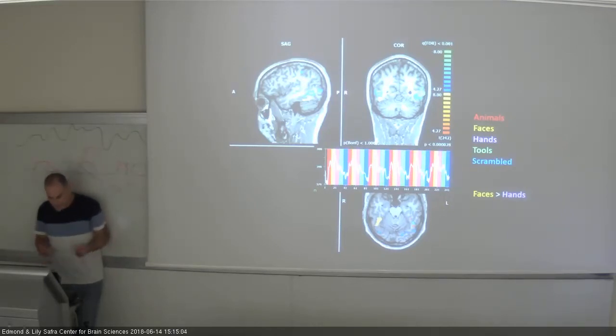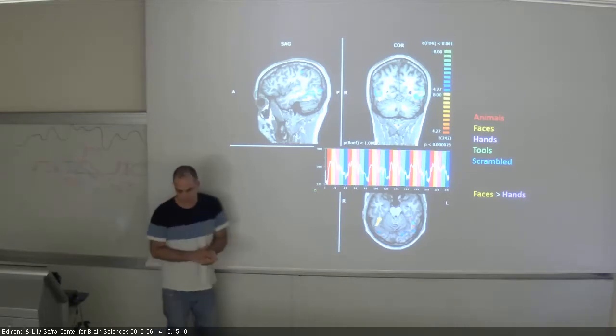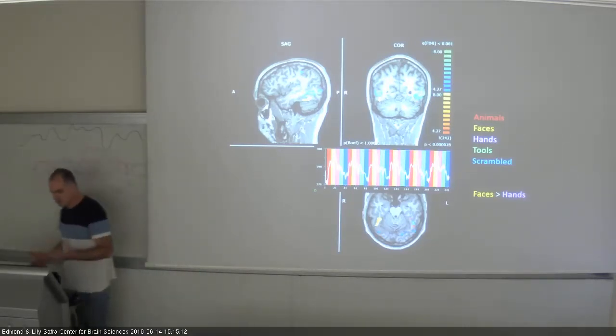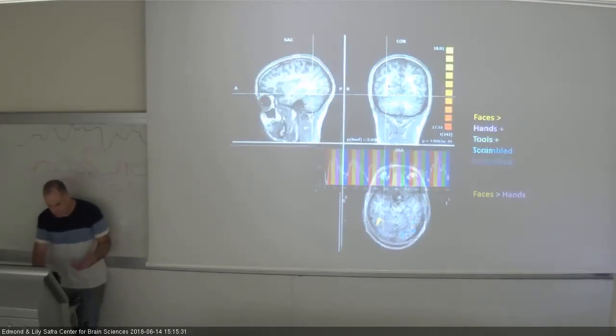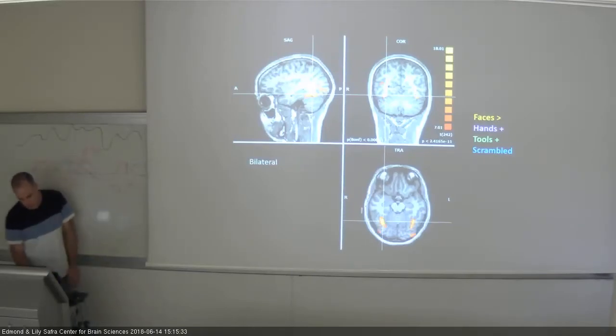You'll see some papers that define the face area by faces versus scrambled version, and sometimes it will be faces versus objects. You can also do faces versus multiple categories, which will maybe give you a more reliable result, because you compare it not only to one category. But there are a lot of things to choose when you do this.